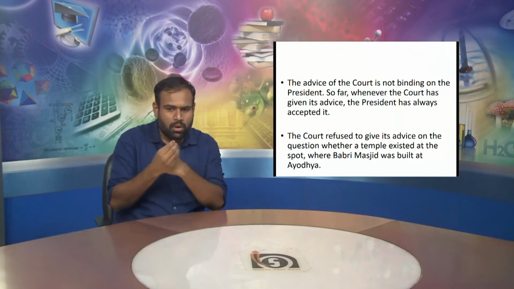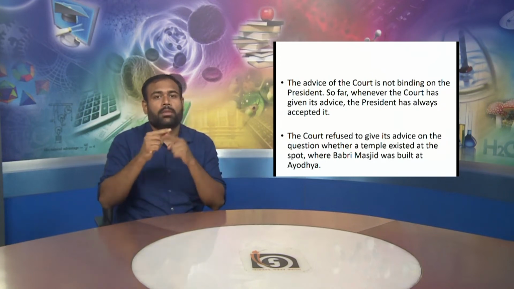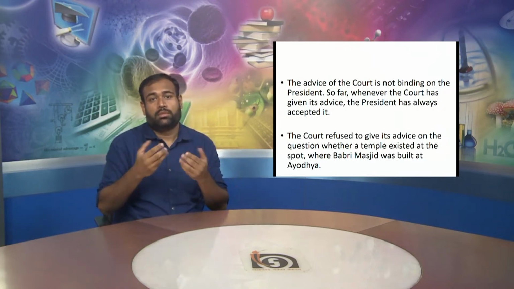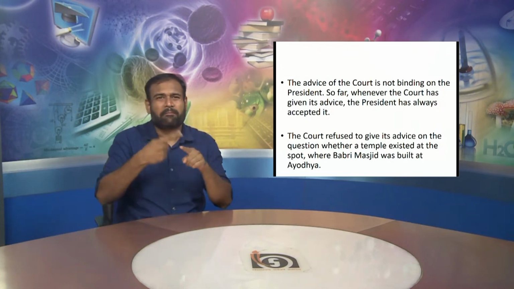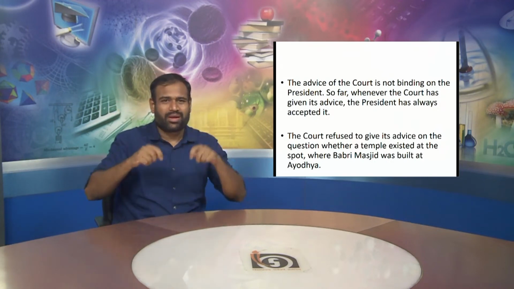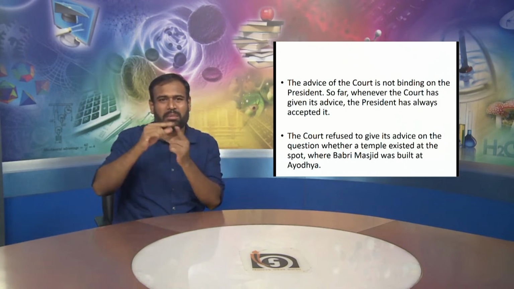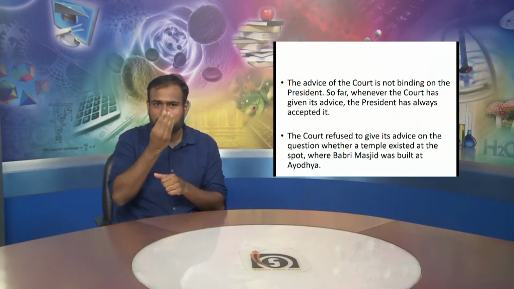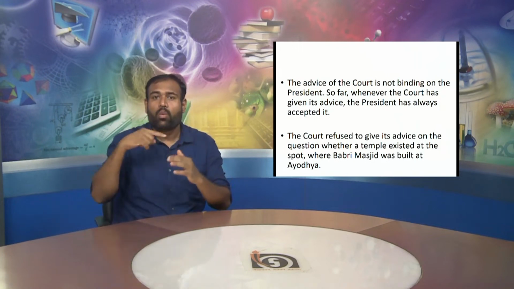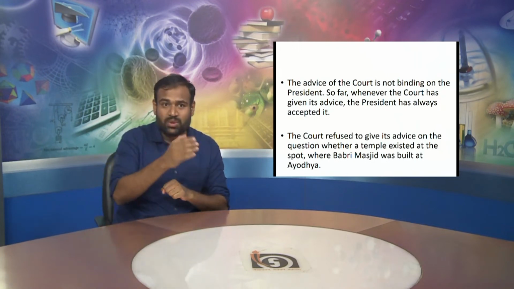So far, whenever the court has given its advice, the President has always accepted it. The court refused to give its advice on the question whether a temple existed at the spot where Babri Masjid was built at Ayodhya.